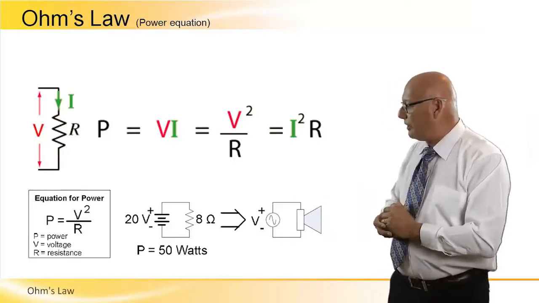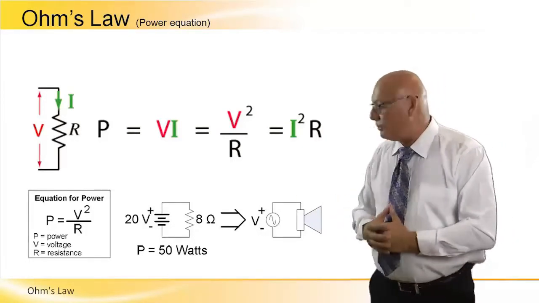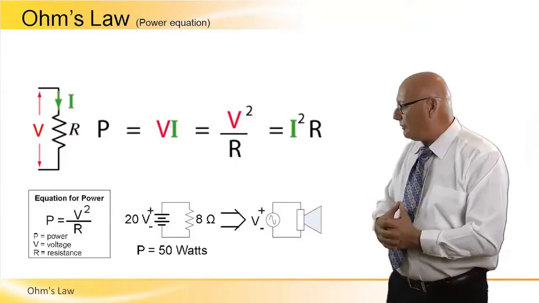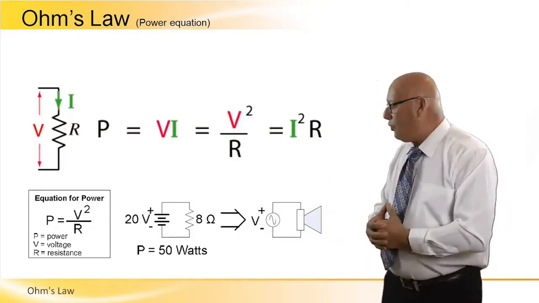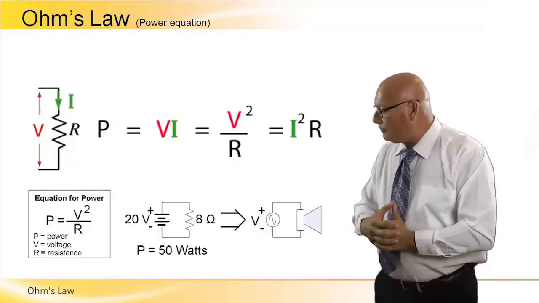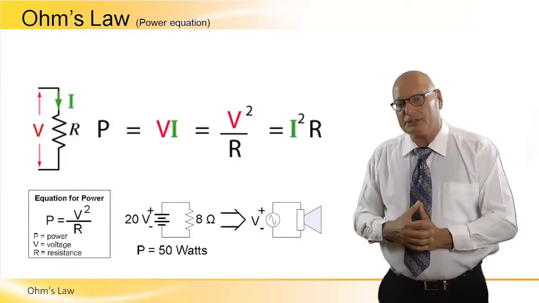And here we have a simple example on the bottom. We have a 20 volt battery connected in parallel with an 8 ohm resistor.